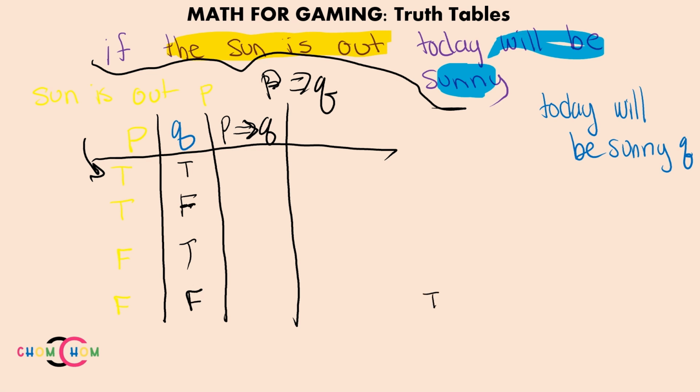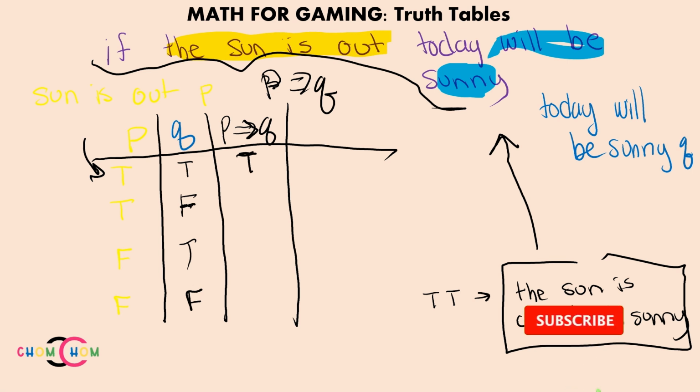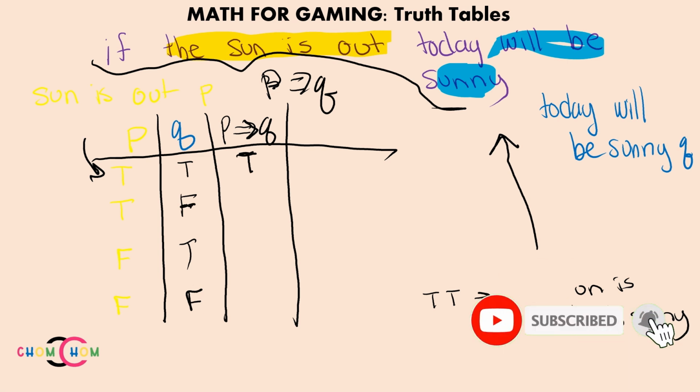So for true, true, what this is saying is the sun is out and it's sunny. If this is what's going on today in our weather, is our statement true? Yes, it is.